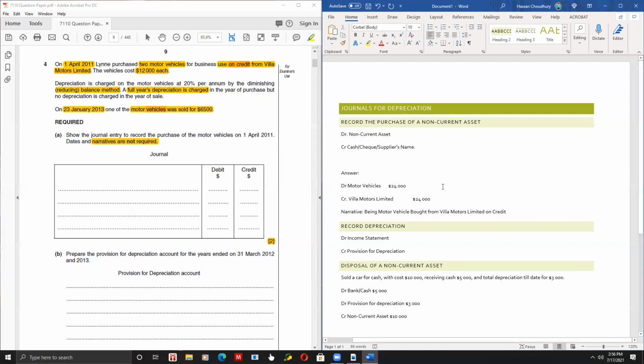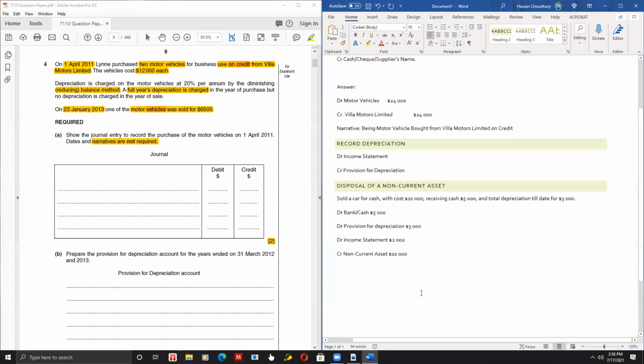And now if you look at the debit and credit side, the debit side is 5,000 plus 3,000, 8,000, and this side is 10,000. So the balancing figure will be debit income statement for around 2,000.